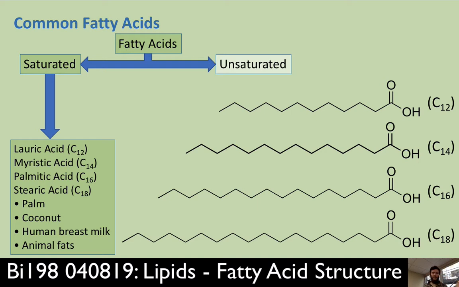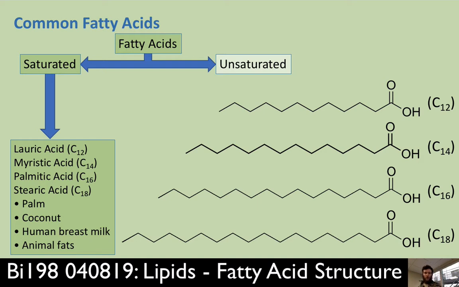The first thing that separates fatty acids is saturation versus unsaturation. So these fats here, C12, 14, 16, and 18, are the common saturated fats that you're going to find. This includes all animal fats, which are saturated fats.